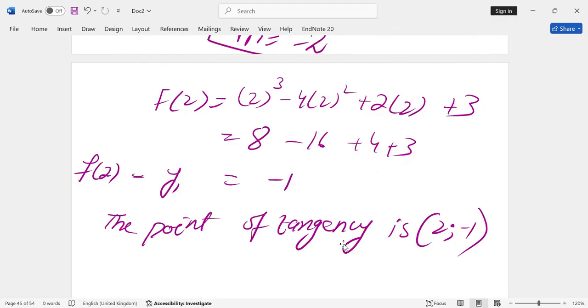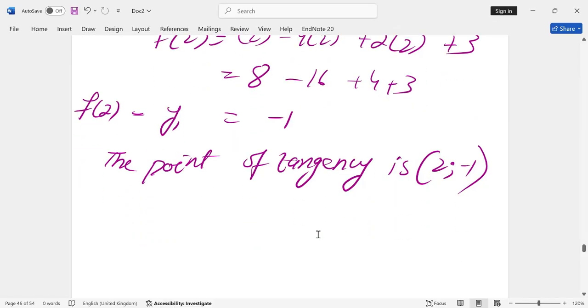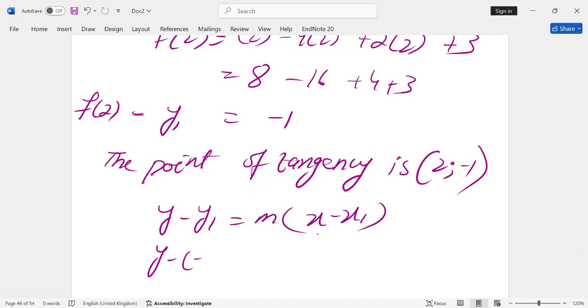So we have the gradient m, and we have the point. Now use the point-slope form of the equation and put in the values, because we have to find the equation of the tangent. We have y minus y1 equals m into x minus x1. So y minus (minus 1), with m equals minus 2 and x1 equals 2.